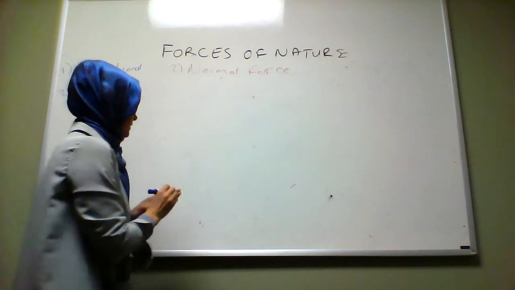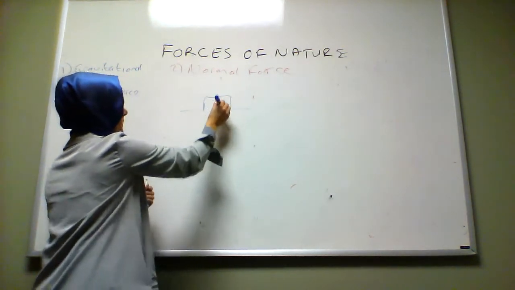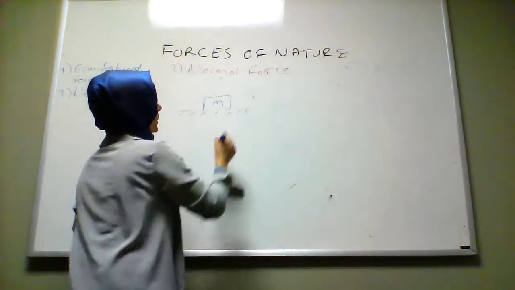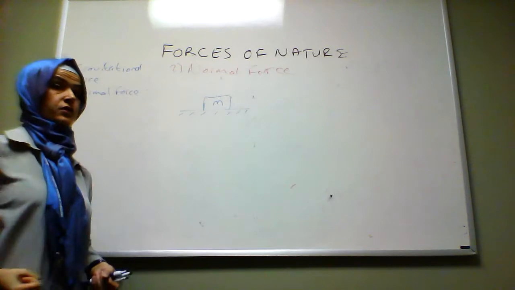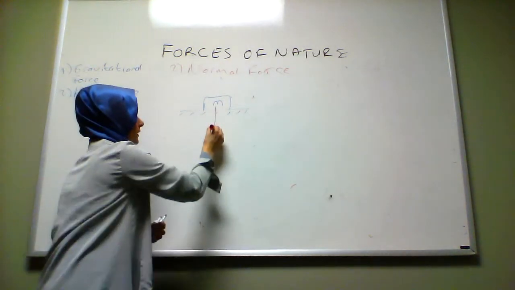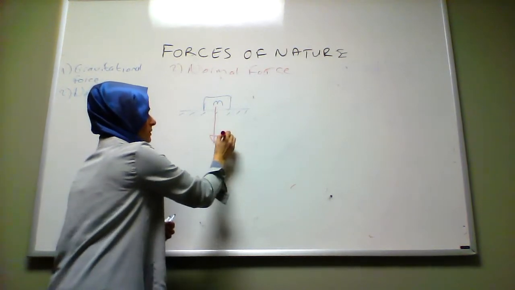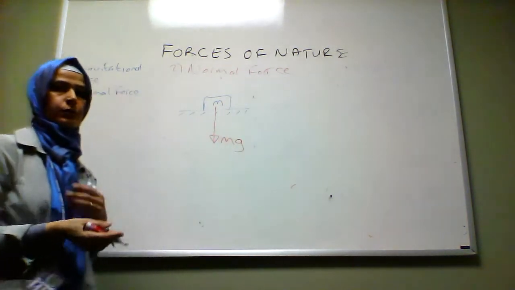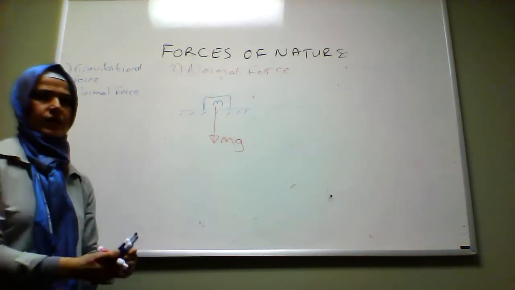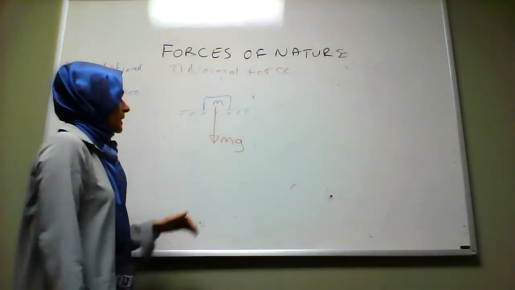So if there is an object standing on a surface, simple case, let's say it has a mass m, what is the force exerted on the surface by the mass? First of all, it is mg, its weight, right? Now we know that. Let's skip weight as well, we just call it mg. When we say a mass standing somewhere, there's mg there, towards the center of Earth, downward direction.